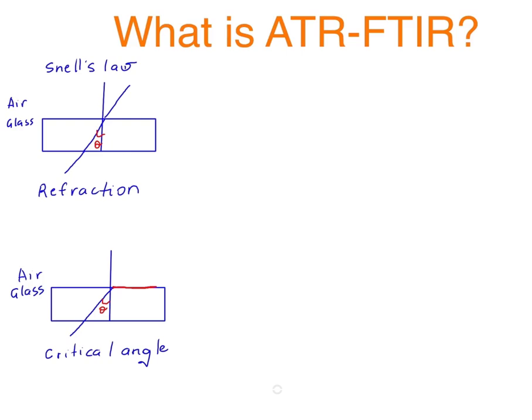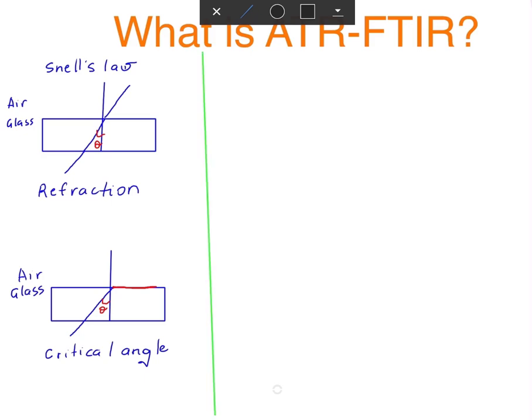Let's draw it. For clear visualization, I'm just going to draw the line here, because from now on we're going to talk about this. The third case I just mentioned is total internal reflection.